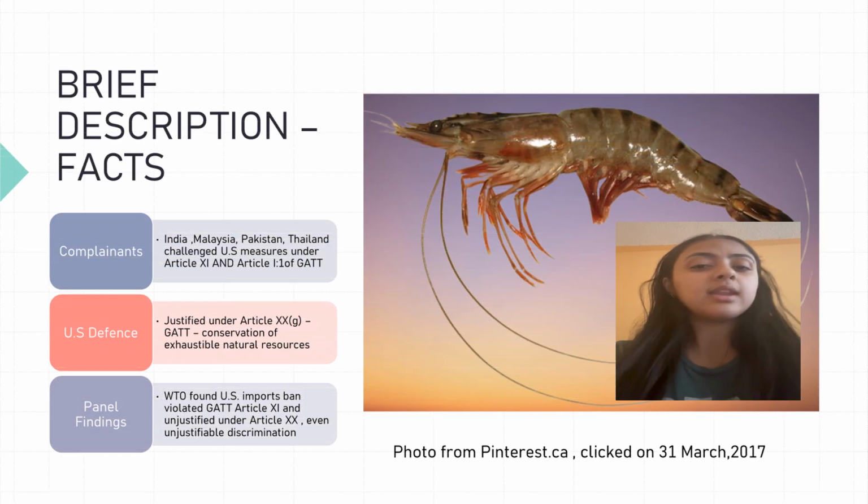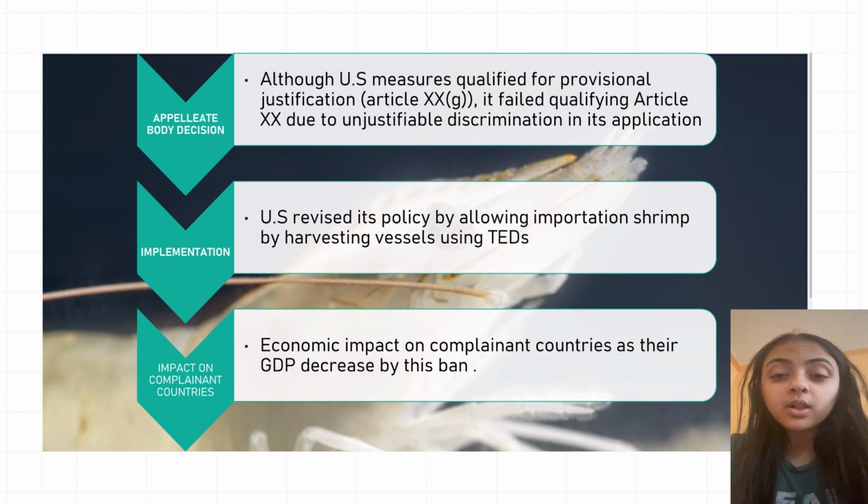That means an exception related to conservation is allowed, but their measures resulted in unjustifiable discrimination as well. Although the US measures qualified for provisional justification under Article XX(g), they failed to qualify under Article XX due to unjustifiable discrimination in their application.